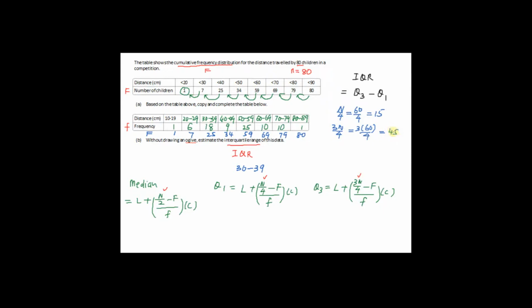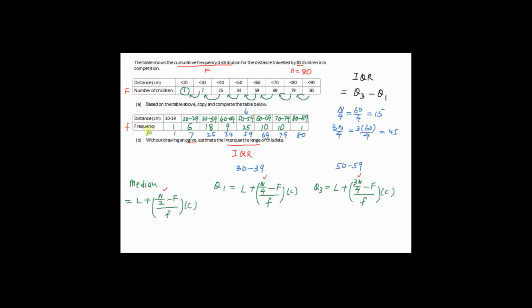So the 45th observation will be your Q3. You can see here that the 35th to 59th observations fall in 50 to 59, and your Q3 is the 45th observation. Therefore, Q3 should be located somewhere in 50 to 59.